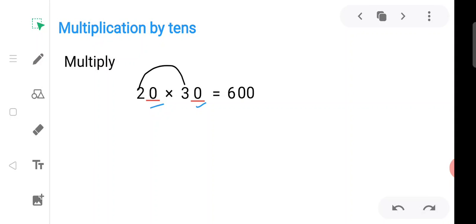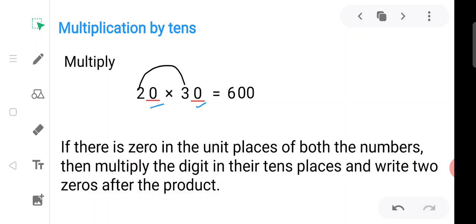So remember, if there is a 0 in the unit places of both the numbers, then multiply the digits in their tens places and write 2 zeros after the product.